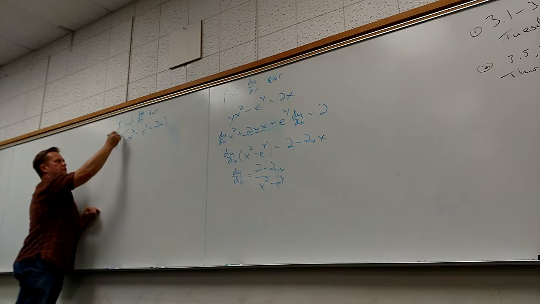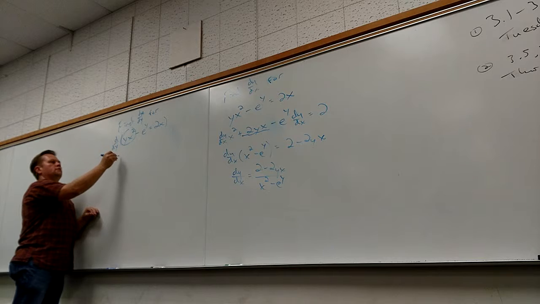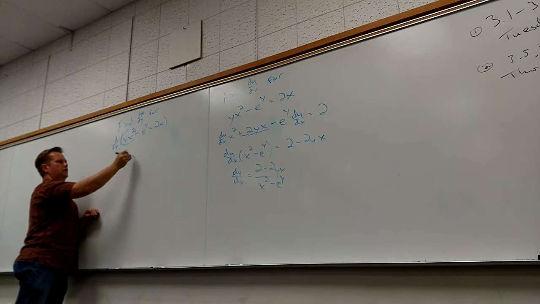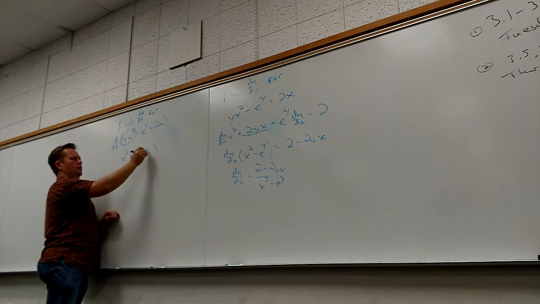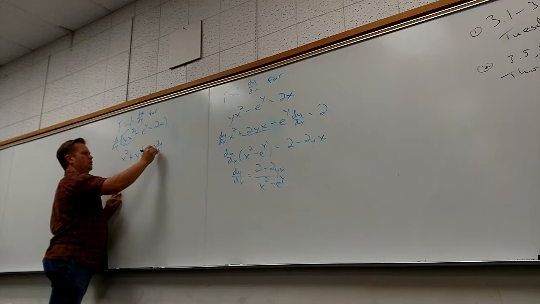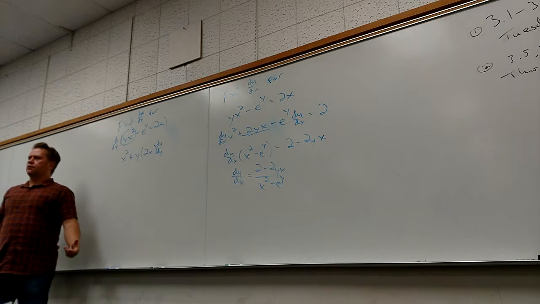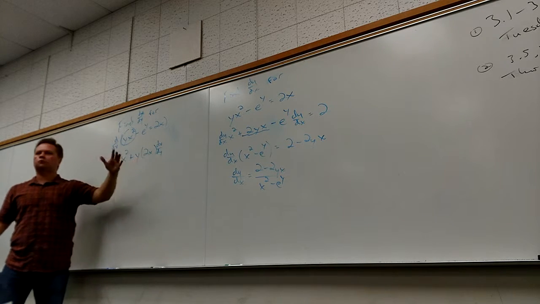So d by dy. So this guy now, d by dy of y, 1, times x squared. So the derivative of the first times the second plus the first. Now what's the derivative of x squared? 2x dx/dy. For the same exact reason. Now x is some function of y, so when I take its derivative, there's the chain rule piece.